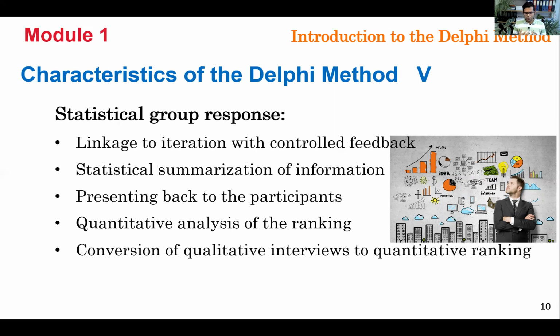There are different ways and tools available for doing the statistical summary and presenting them, including ranking according to group mean, median, and percentage scores. Such presentations frequently involve the use of visual analog scales, such as the Likert scale. It is also possible in a Delphi study to convert qualitative interviews to quantitative ranking.